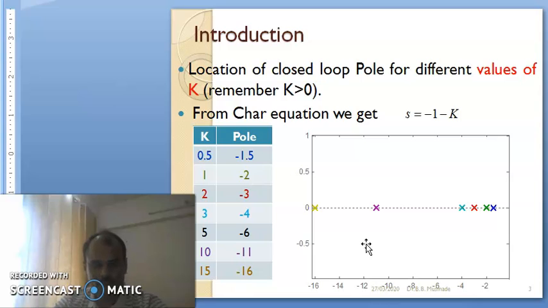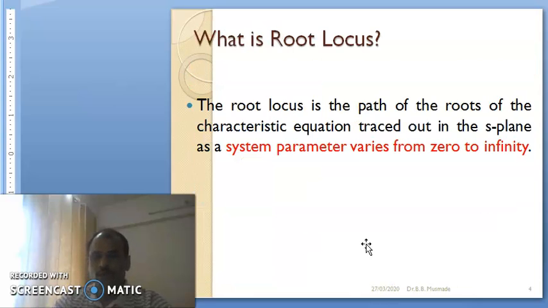So the definition of root locus is: it is the path of the roots of the characteristic equation plotted in the s domain, or the s plane, as the system parameter K varies from 0 to infinity. This is the standard definition of root locus, which you have to remember.